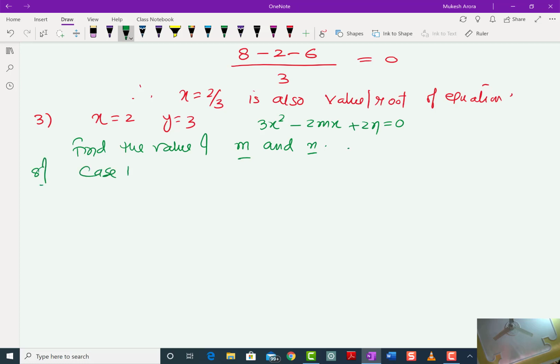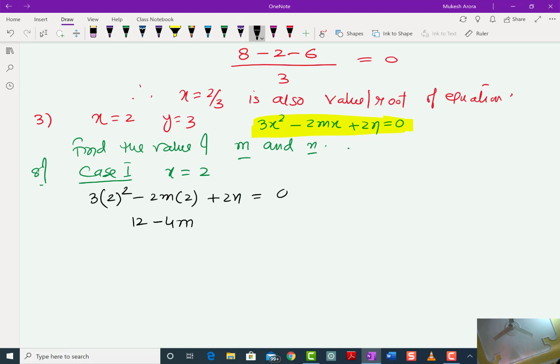Case 1, when x is equal to 2, substituting the value in the equation, 3 into 2 raised to the power 2 minus 2m into 2 plus 2n is equal to 0, 12 minus 4m plus 2n is equal to 0, or 4m minus 2n is equal to 12, so 2m minus n is equal to 6. This is equation number 1.